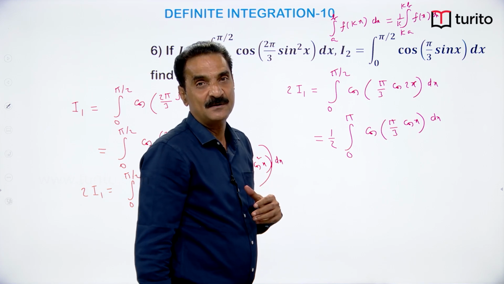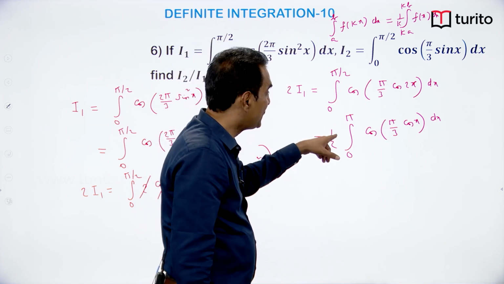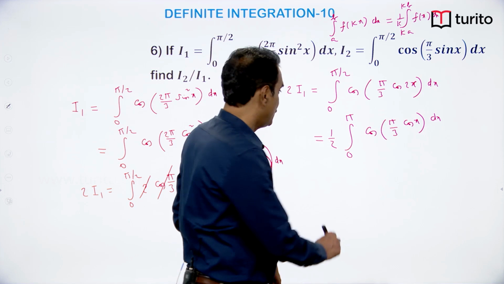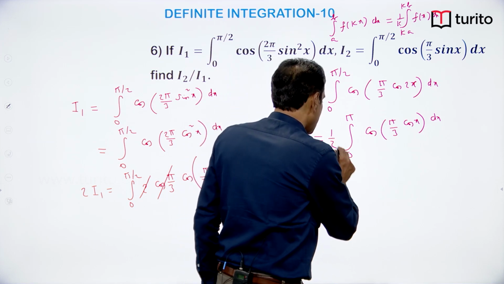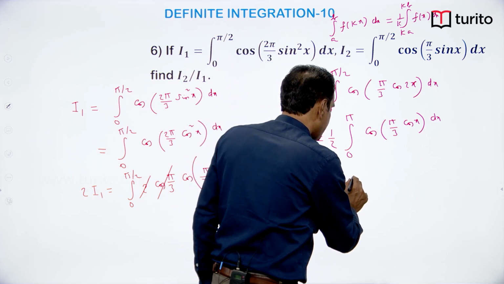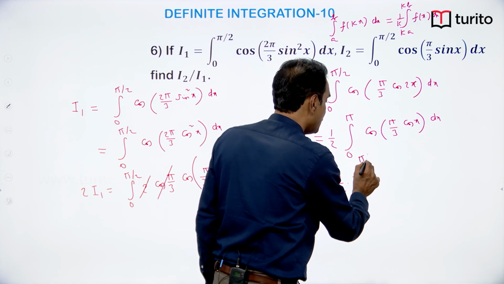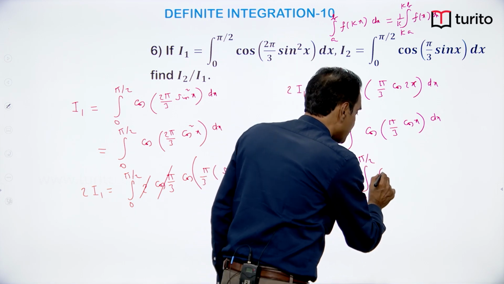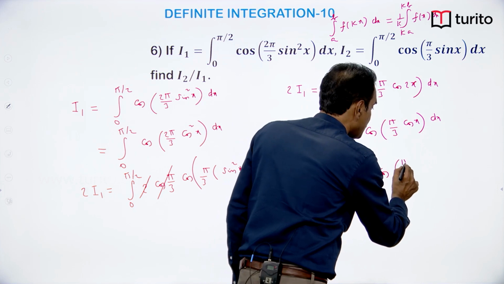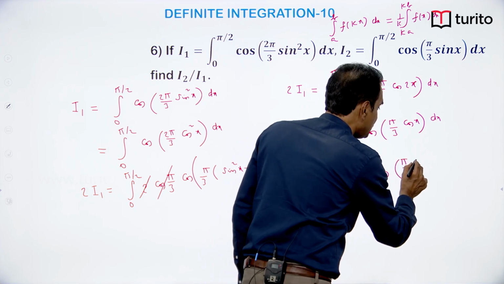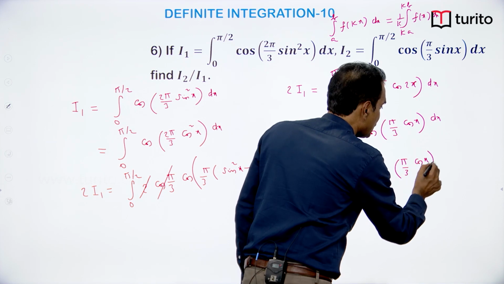Then there is a property. What is that property? You can multiply the integral by 2 and divide the upper limit by 2. So, if you multiply by 2 and divide the upper limit by 2, cos of pi by 3 cos x.